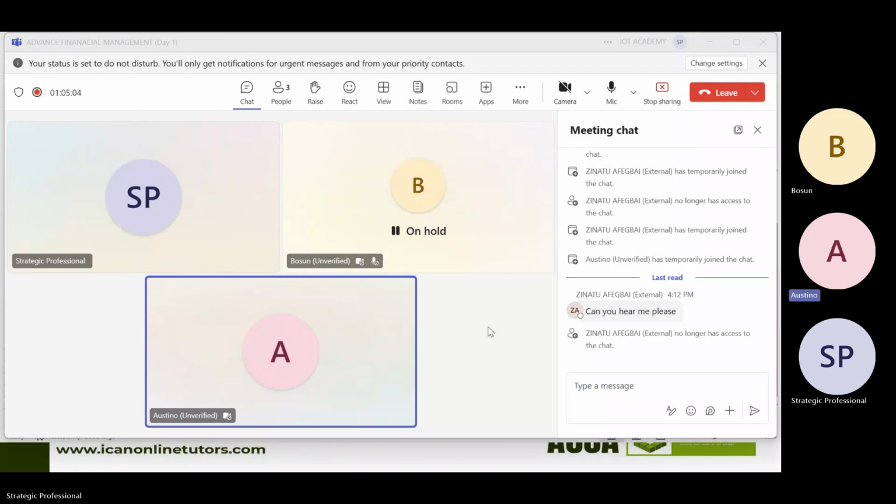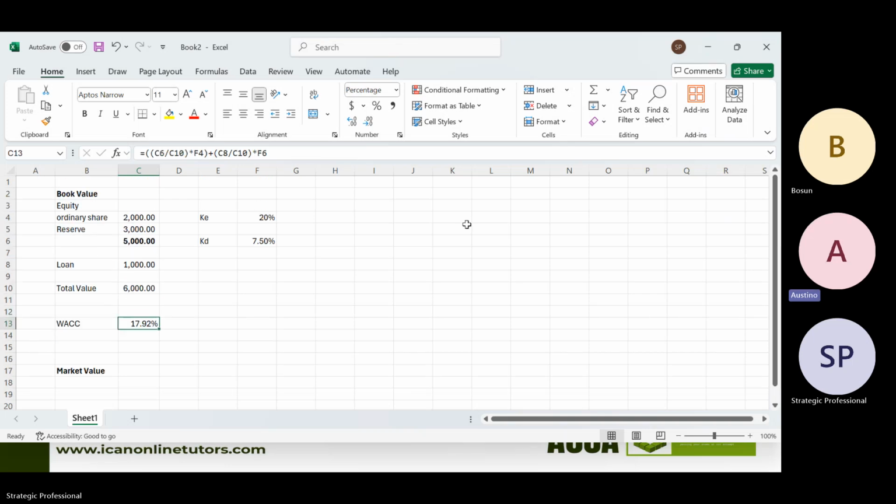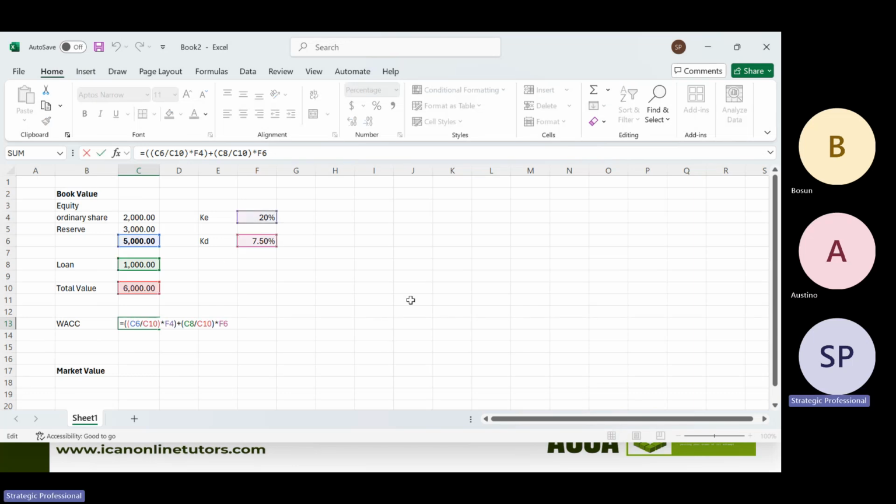I'm with you. I'm with you. Okay, so did you get the work I did using the book value? You said 20%, 20% on the total or equity cost. Hello, yeah, I'm with you. You're asking about the total equity cost, 20%. Oh, that's where you stopped.